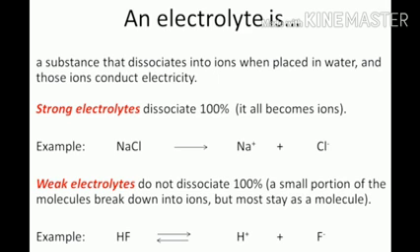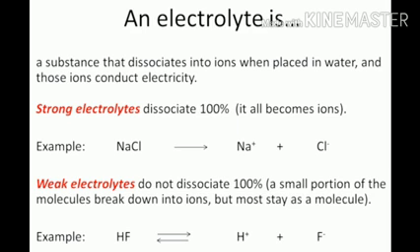Substances that dissociate into ions when placed in water, and those ions conduct electricity, are called electrolytes. There are two types of electrolytes, strong and weak. Strong electrolytes dissociate 100% into ions, whereas in weak electrolytes only a small portion breaks down into ions and most of them stay as molecules.